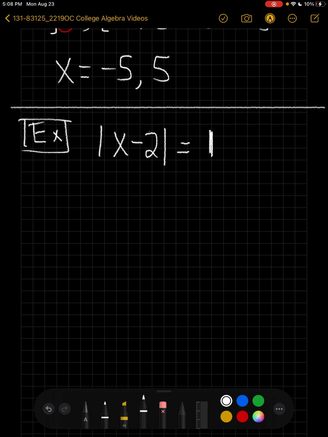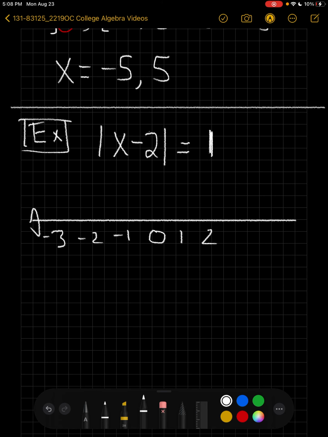We can reason this out using the same number line logic that we had before. So let's say I have -3, -2, -1, 0, 1, 2, 3, and 4 on a number line. And what I'm seeing from this equation is that when I look at whatever this number is in the absolute value, x minus 2, the distance from 0 is 1.